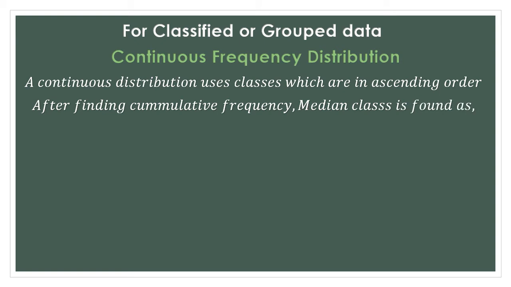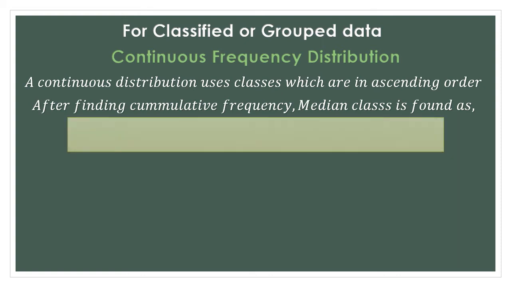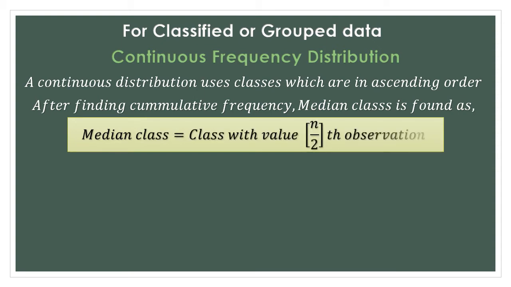That means once we calculate the cumulative frequency, we have to find the median class. That means the median might be in this particular class, because a class does not give us the exact value. So we need to calculate the median class as the class with the value n upon 2 observation.